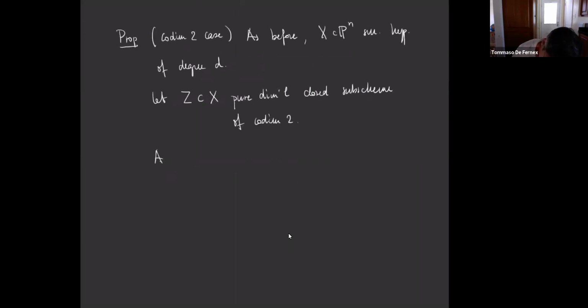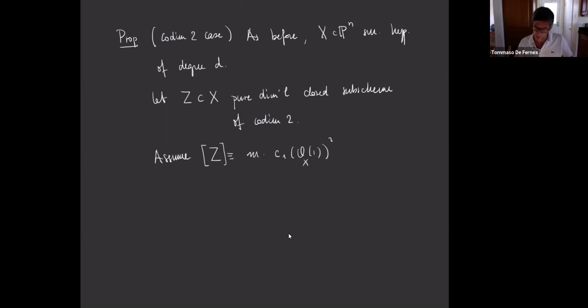We're going to assume that Z is numerically equivalent, or rationally equivalent if you like. So the class of Z is numerically equivalent to M times c1 of O_X(1) squared. Okay?